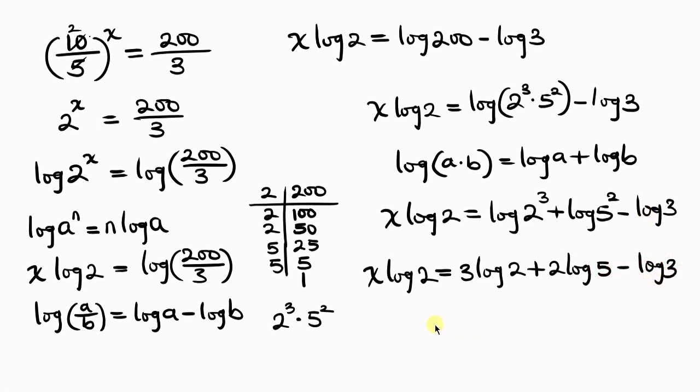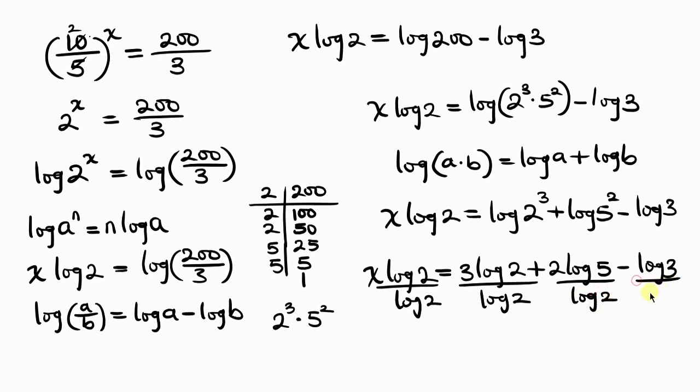Very good. And now since we're looking for x, log 2 is actually a coefficient of x. So in order for us to get the value of x, I'm going to be dividing through by the coefficient of x, which is log 2. So I'll divide the left-hand side by log 2, I'll divide here by log 2, and I'll divide this by log 2.